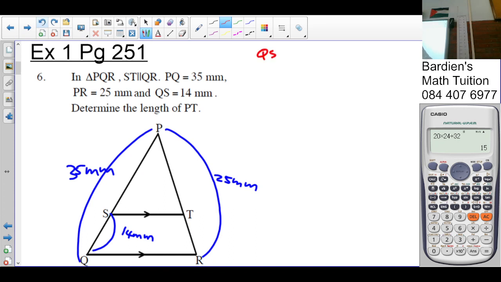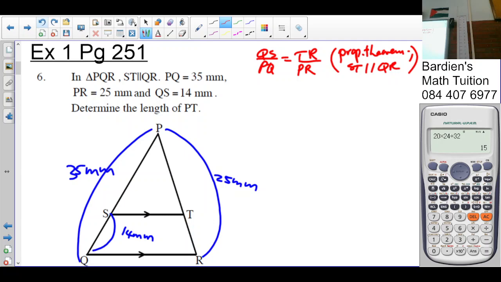QS over PQ is equal to TR over PR. Why? Because of the proportionality theorem with ST being parallel to QR.